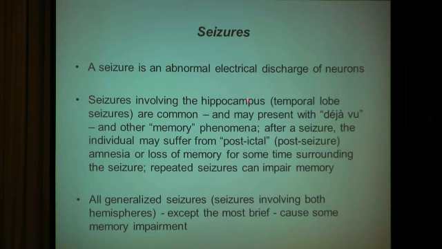Seizures involving the hippocampus or an area around the hippocampus are called temporal lobe seizures, because you remember the hippocampus is located in the temporal lobe. It's an old cortical area located in the temporal lobe. So all temporal lobe seizures are associated with some strange memory phenomena or loss of it. For example, people that have temporal lobe seizures often present what's called déjà vu.